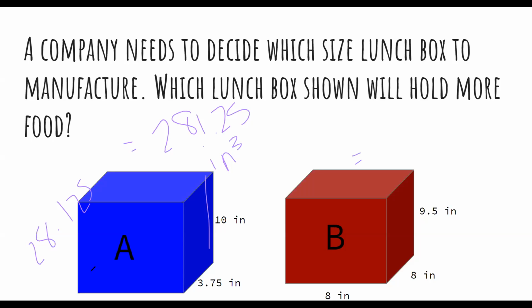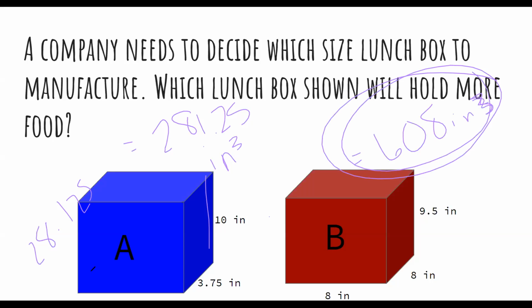And then for the other one, I'm going to multiply those three things together. So 8 times 8 for the base is 64. And then I'm going to multiply that 64 by the height of 9.5, which gives me 608 inches cubed, not squared. So this one is significantly larger, so that's the one that's going to hold more.